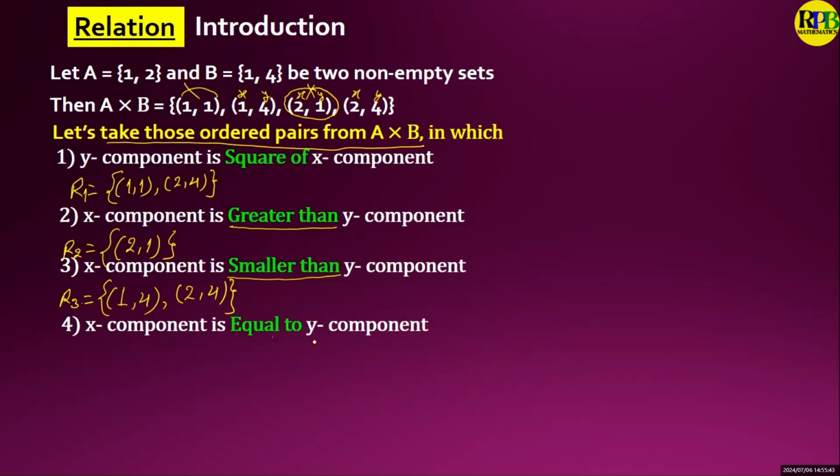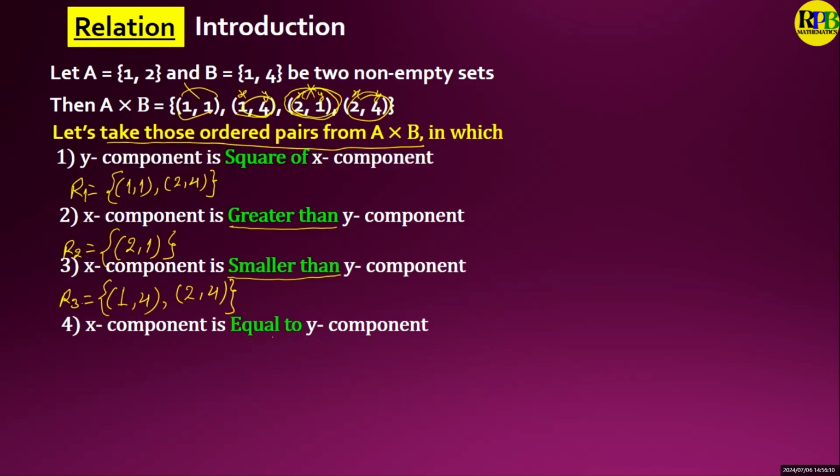X component is equal to Y component. That means take those ordered pairs from A cross B in which X component is equal to Y component. Here X component and Y component are not equal. Here X component is 2, Y component is 1, not equal. Here X component is 2, Y component is 4, not equal.